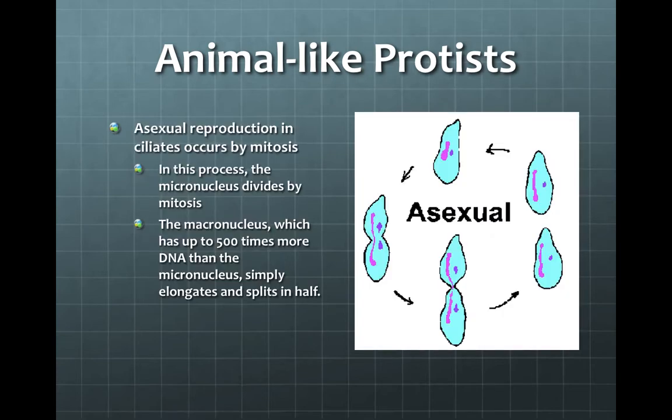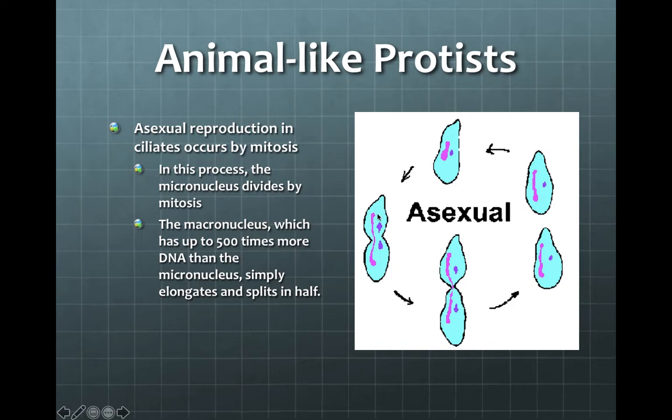Asexual reproduction in ciliates occurs by mitosis, which we all know what that is. They're going to be identical cells, the new ones. In this process, the micronucleus divides by mitosis, and the macronucleus, which has up to 500 times more DNA than the micronucleus, simply elongates and splits in half.